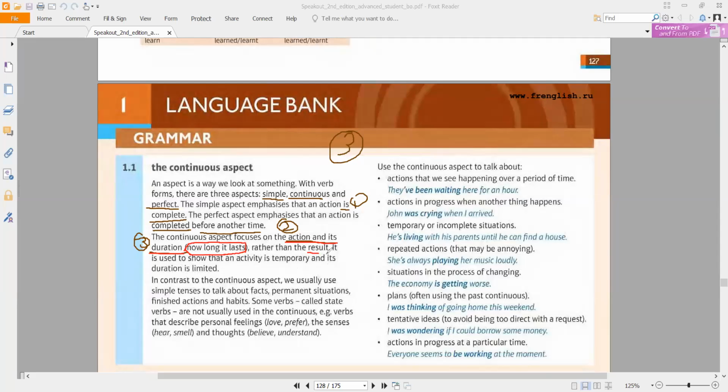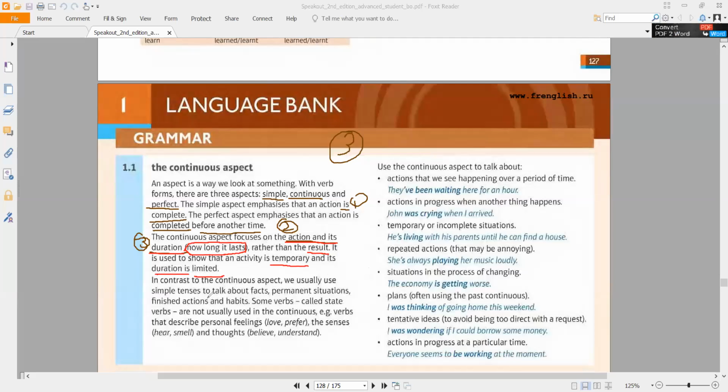The result isn't really important in the present continuous, not just the present, all the continuous tenses. However, the duration is important. They're telling you it is used to show that an activity is temporary. The action here is temporary, not permanent. Permanent is present simple, like the simple tense. But the continuous is just temporary, and its duration is limited. So limited duration, temporary.